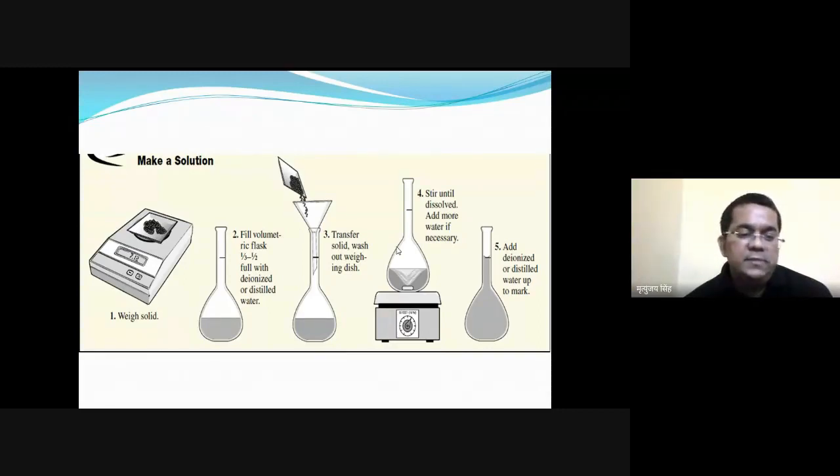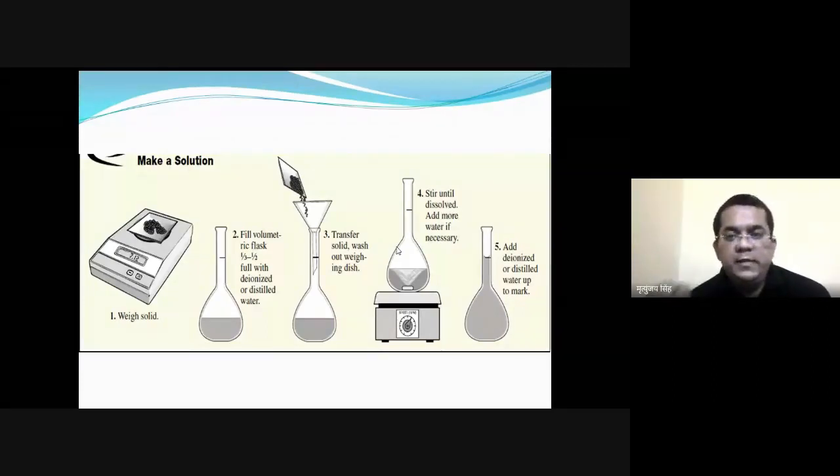This depends upon which type of chemical you are going to weigh. Like if you are weighing NaOH, you can use a watch glass, because NaOH can react with butter paper. After weighing your chemicals, transfer them into a half-filled volumetric flask with deionized or distilled water.